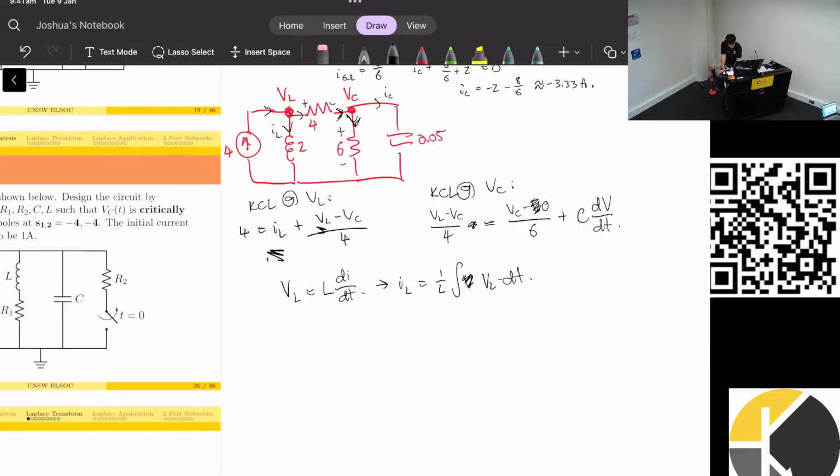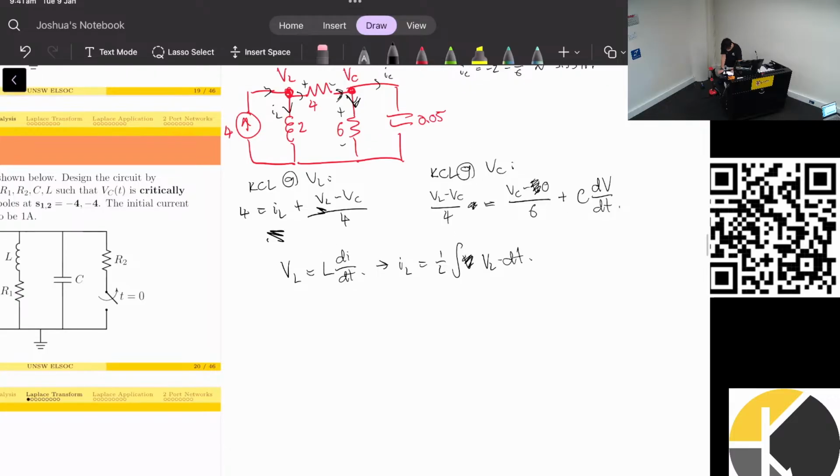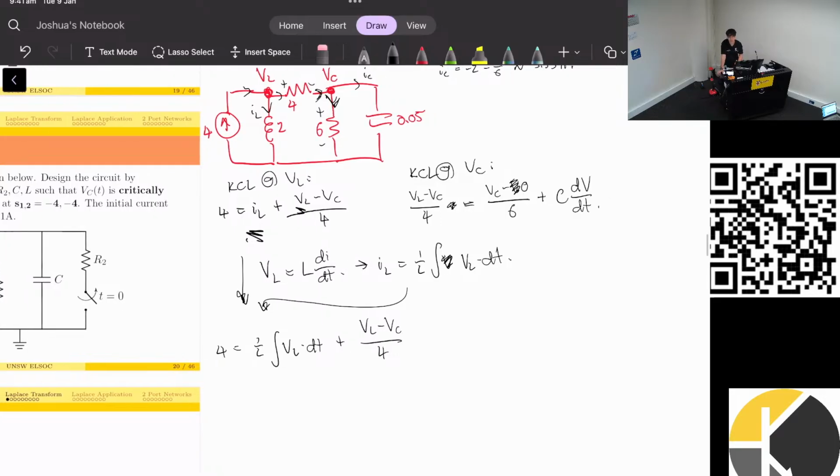So I'm going to sub that in for IL. So I have 4 equals 1 on L integral of VL dt plus VL minus VC on 4. Does that make sense so far?